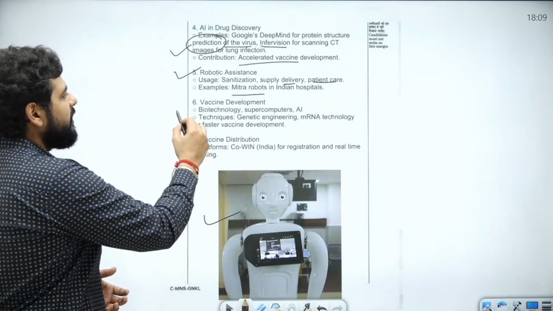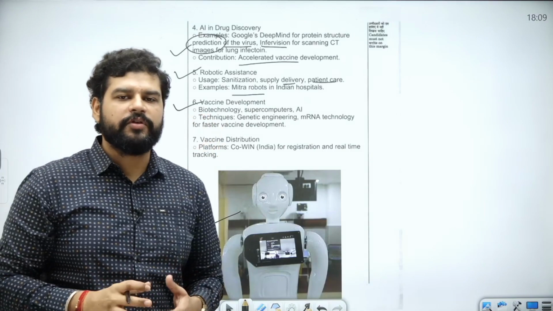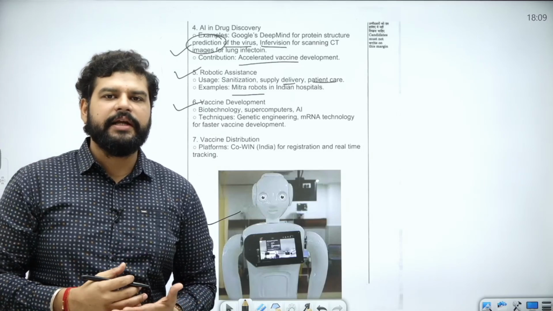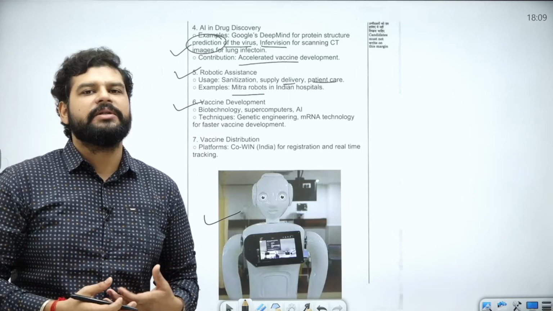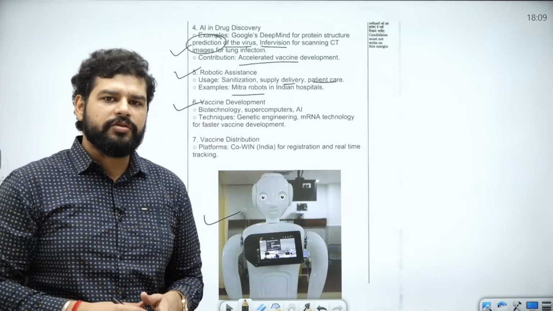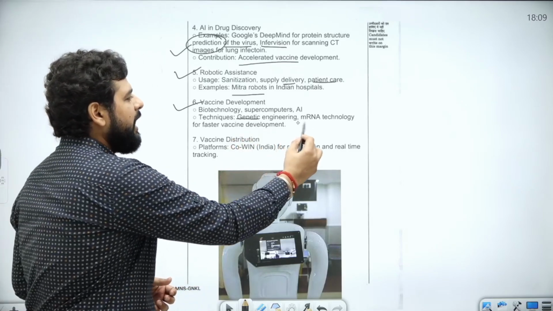Next is the development of vaccine. Everything that was available was used for this. For example, biotechnology, supercomputers, artificial intelligence technology, machine learning algorithms, everything at disposal was used. Things like genetic engineering, mRNA technology.